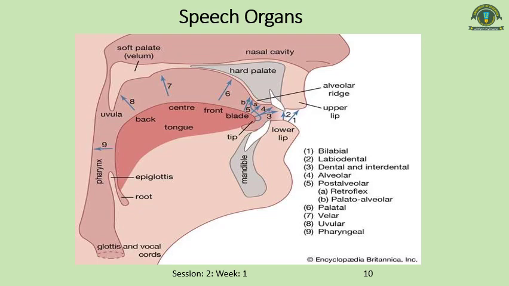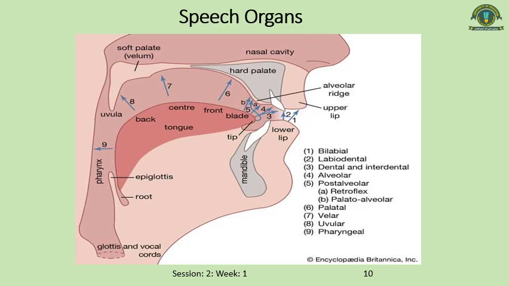And we try to understand that this is the branch of linguistics that studies the production, transmission, and reception of speech sounds. Where is speech produced? Lungs? No. Then where?